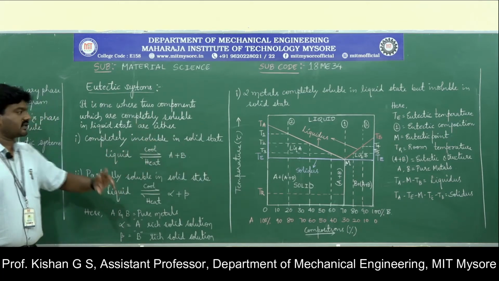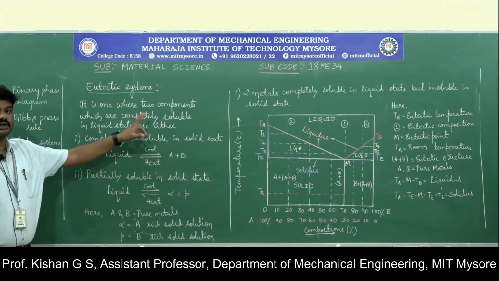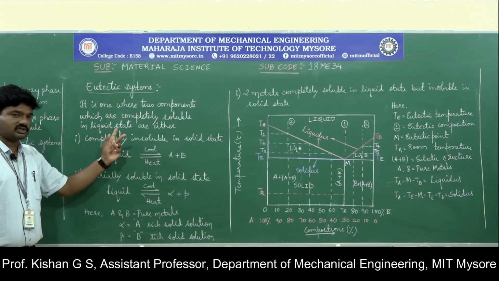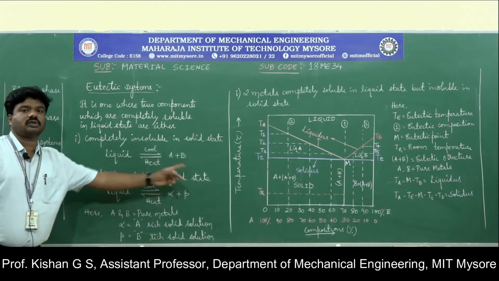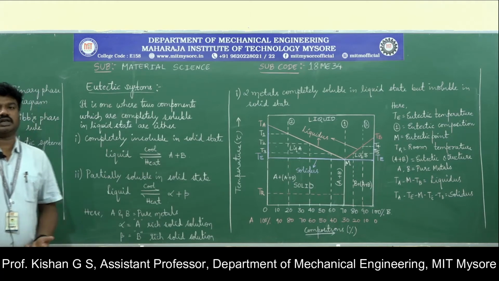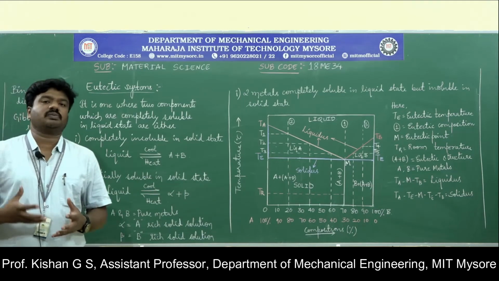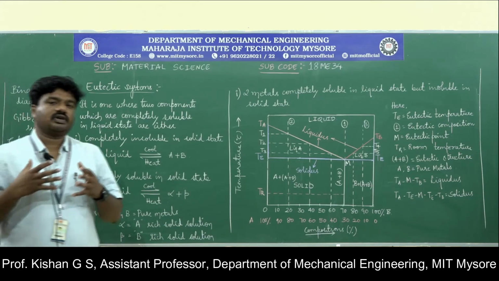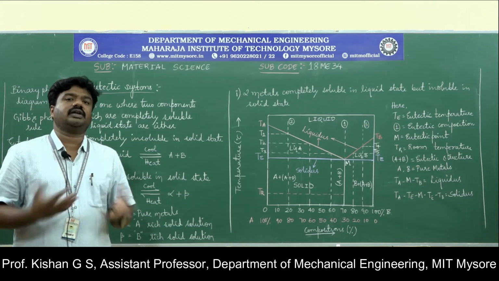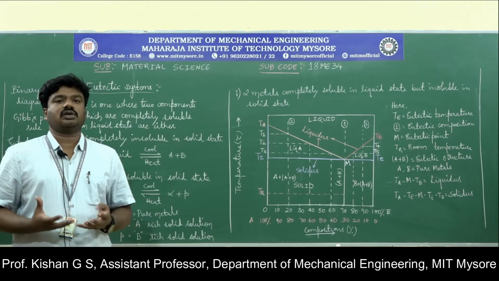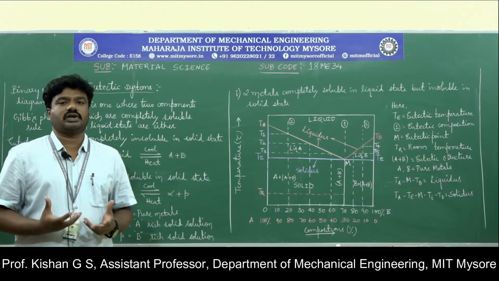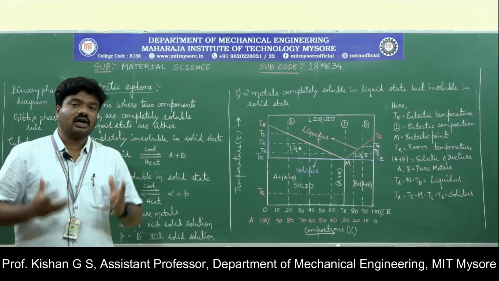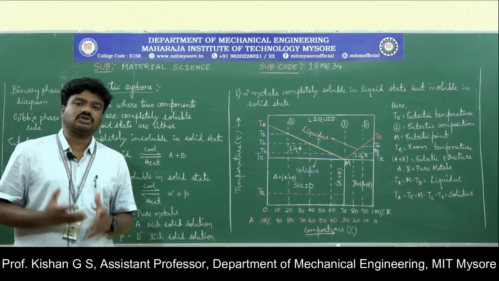Case number 2: the same two components, completely soluble in liquid state, are partially soluble in solid state. That is, when they merge together to form a solid solution, they will be either completely insoluble or partially soluble in solid state, whereas in liquid state both the metals will be completely soluble.